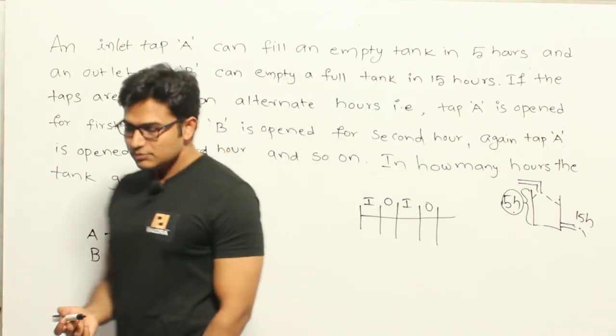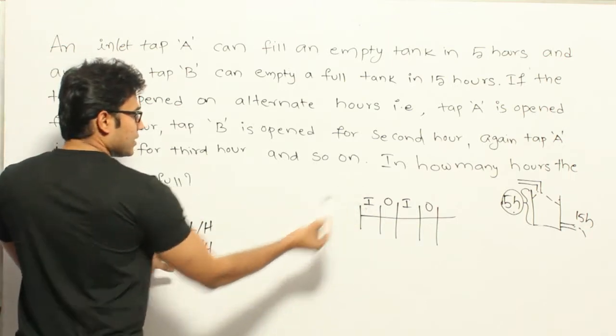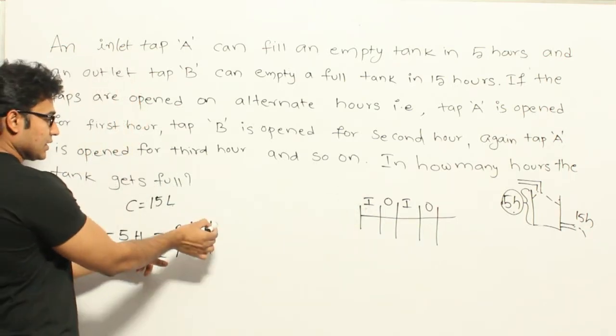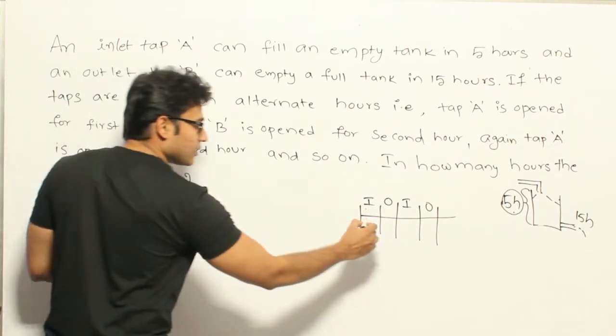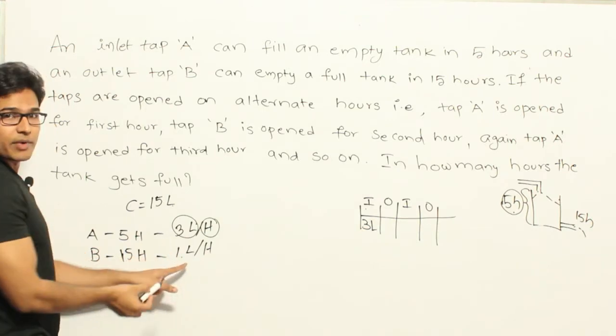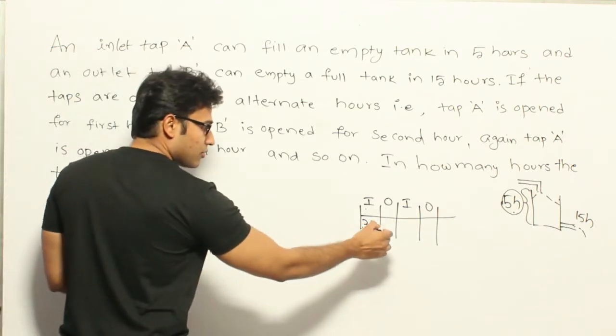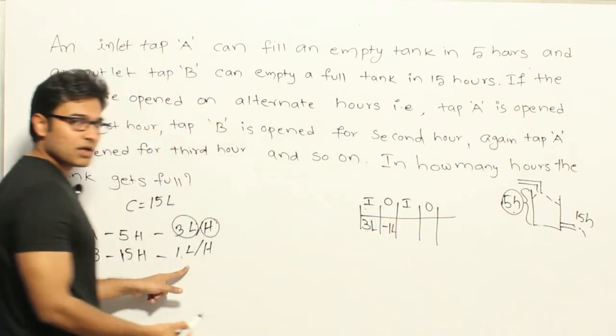Now for the first hour the inlet is open, so we fill the tank with 3 liters. In the second hour the outlet is opened, so there is no inflow but there is outflow, which means it empties 1 liter.